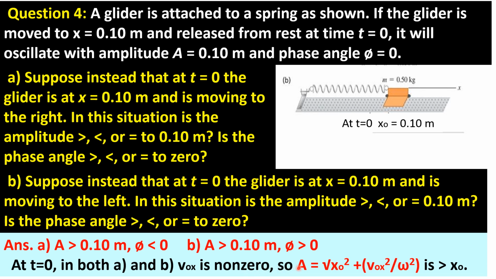So therefore, in our equation for the amplitude, which is the square root of x naught squared plus v naught x squared divided by omega squared, it's obvious that if v naught x is not zero, then the resulting amplitude, which is the square root of x naught squared plus a certain additional positive term, since it's not zero, will eventually give a value for the amplitude that is greater than x naught.